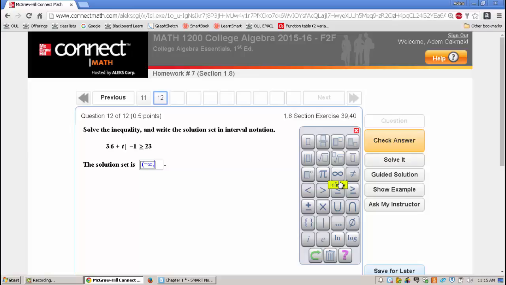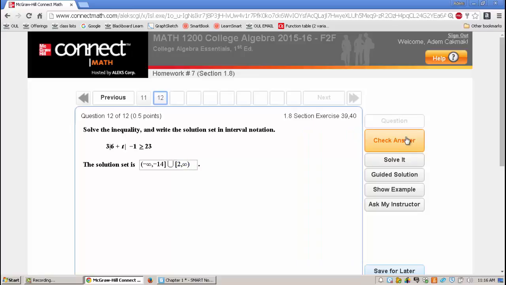What was that number? Negative 14. Union. What was it? Good.